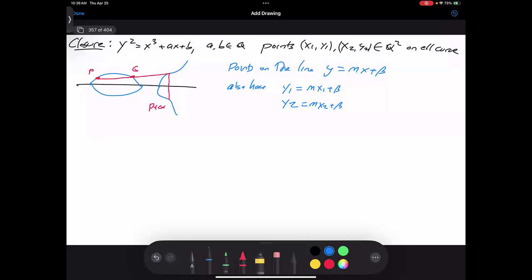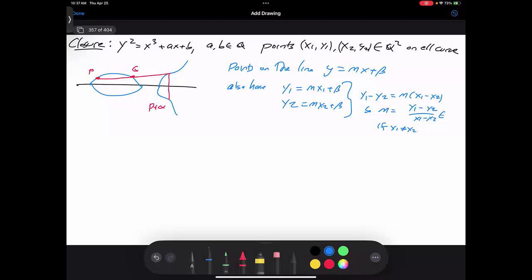Yeah, subtract. If I subtract, that's going to give me y1 minus y2 equals m times (x1 minus x2). So the slope is (y1 minus y2) over (x1 minus x2) if x1 is not x2. So as long as x1 is not x2, that's my slope.